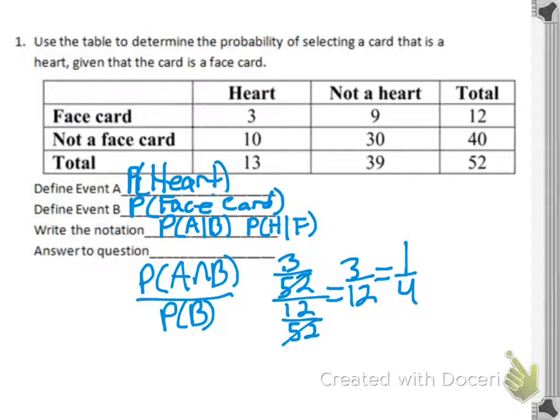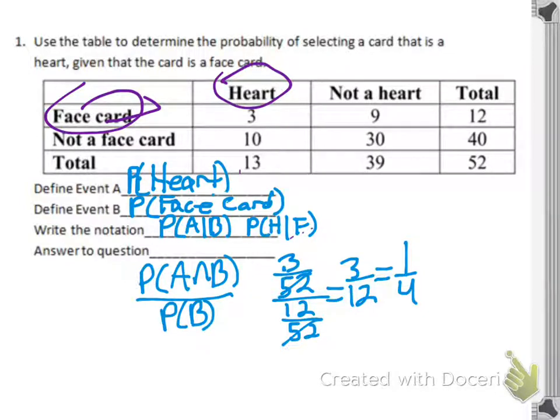Number 1, use a table to determine the probability of selecting a card that is a heart, given that the card is a face card. Alright, so A is the probability of a heart, and B is the probability of a face card. Probability of A given B, a heart given that it is a face card.